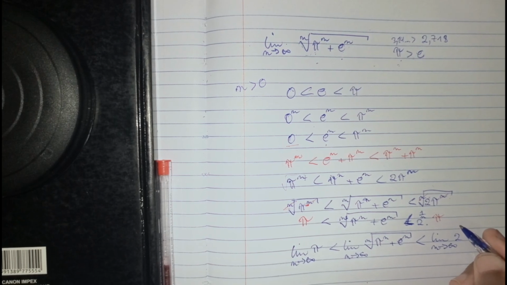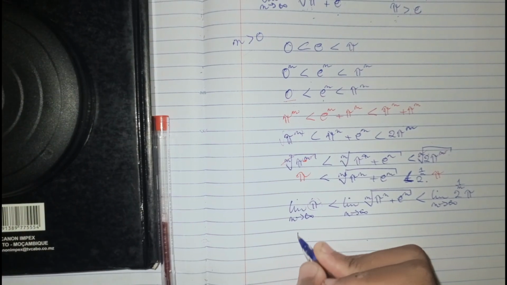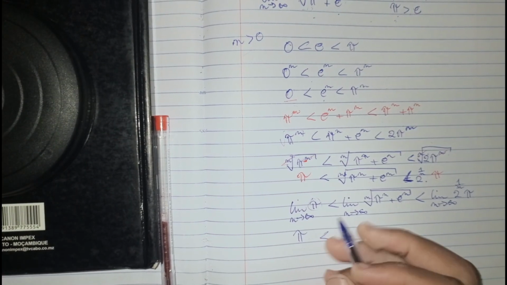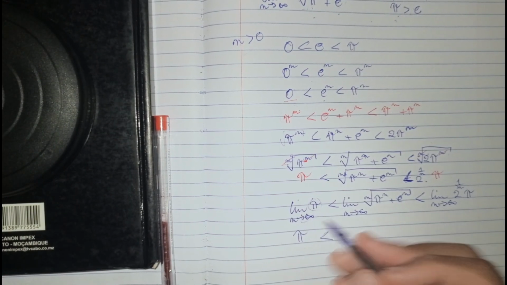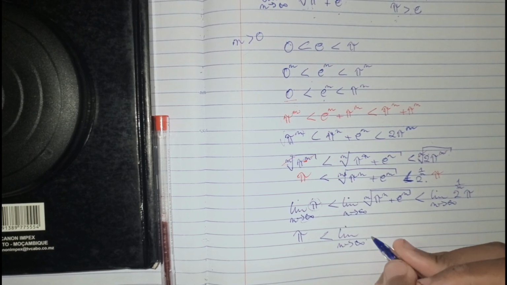Here it's a constant pi. So what do we get? Wait a sec. Okay, we get pi. It's less than, because here we don't have n. So this limit, when n goes to infinity, of the n-th root of pi to the n plus e to the power of n.